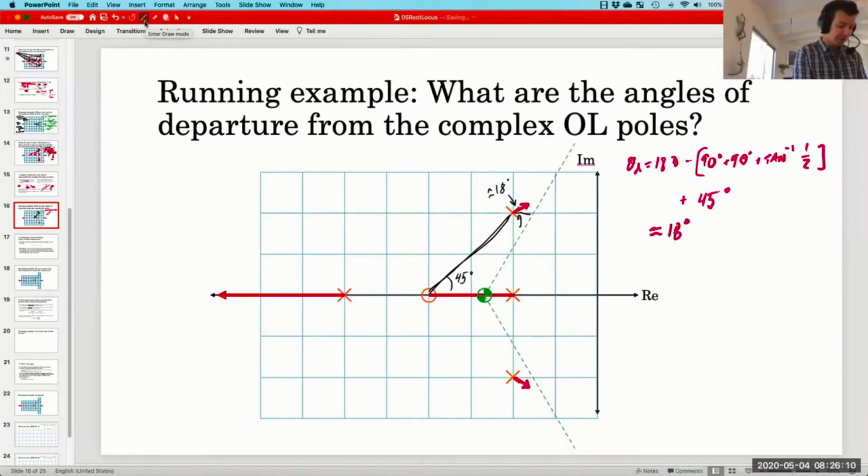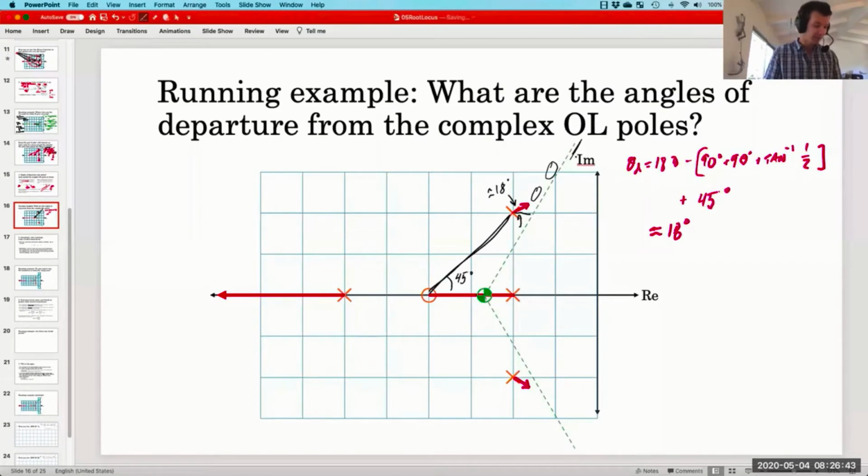That's a great point, is that the 18 degrees only applies in this kind of epsilon bubble around the x. It says nothing about what happens in this region or that region or anything else out here. And that's why it's okay to have a departure angle, 18 degrees, that's different than our asymptote angle, which was 60 degrees. Yeah? We know that at very small k, this is going to form an 18-degree angle. At a very large k, the branch is going to form a 60-degree angle. So there has to be some transition between the two.